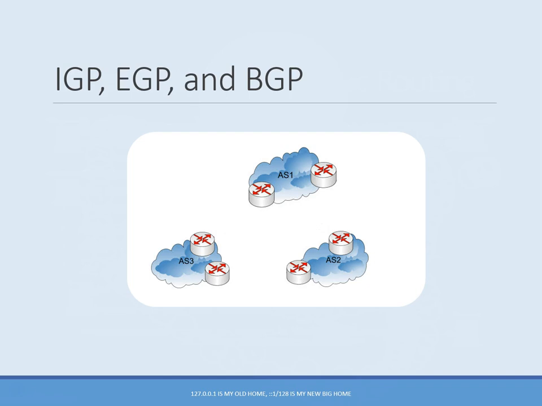An autonomous system can be under the authority of a particular corporation or institution. Here in this image we have three ASs, AS1, AS2 and AS3. These three ASs are connected to each other, each under its own administrative authority.